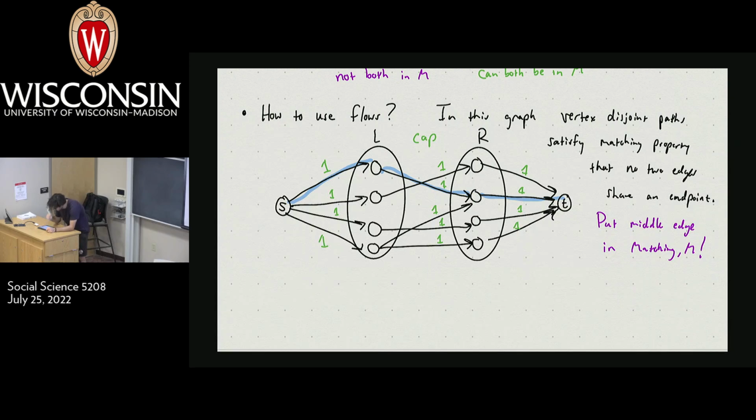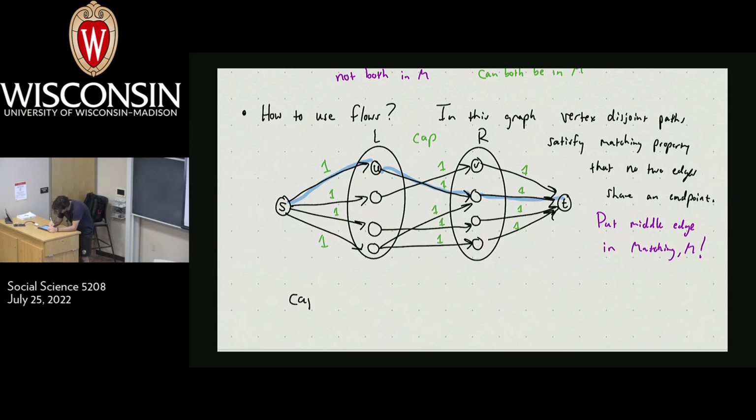And so what is this doing for us? Well, this says the amount of flow going into any node U is at most 1. And similarly for any node V over there, the amount of flow going in is at most 1. So in particular, at most one edge can be taken that touches V. And so it will become a matching.